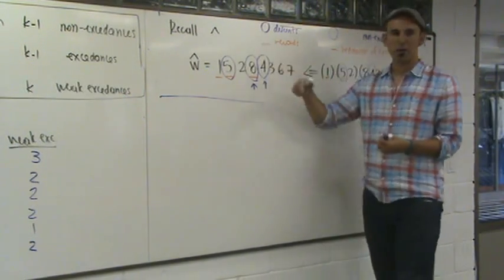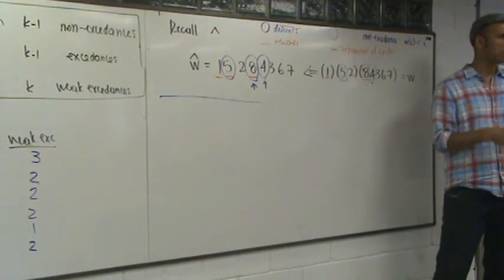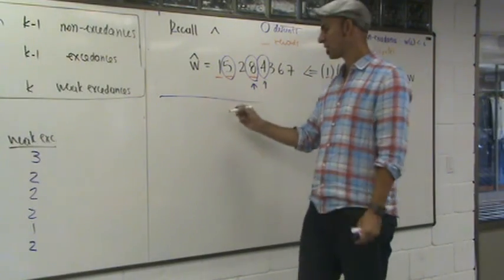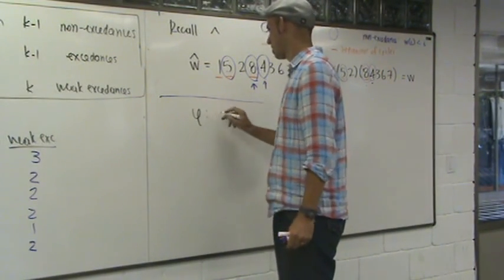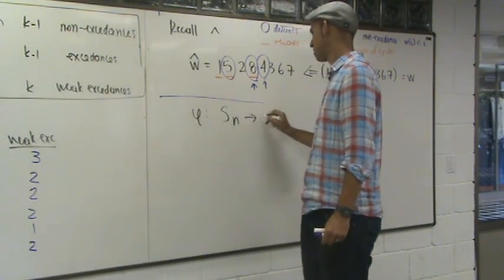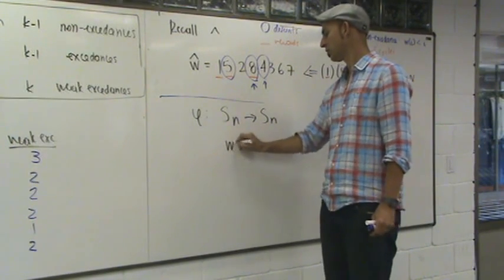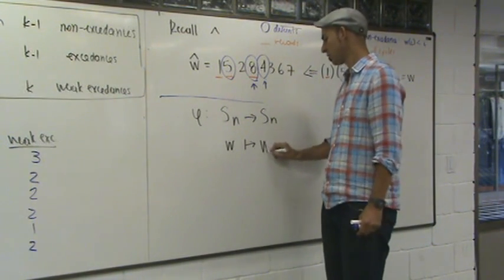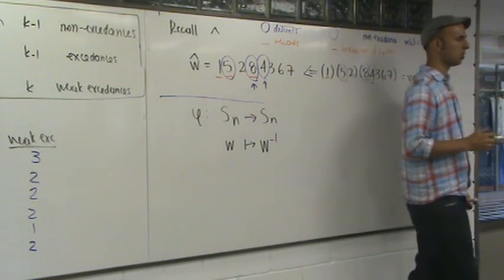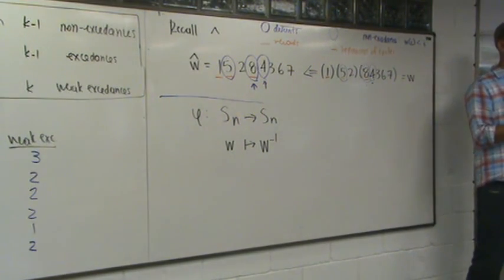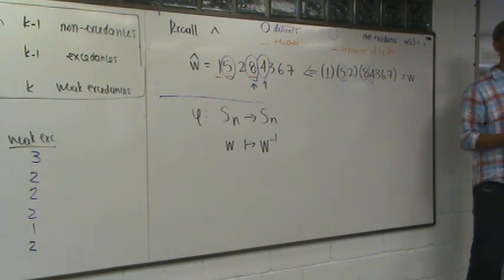I use a different bijection from Sn to Sn, not the half bijection, but the bijection from Sn to Sn which takes W into the inverse permutation. So if W of a is b, then W inverse of b is a.